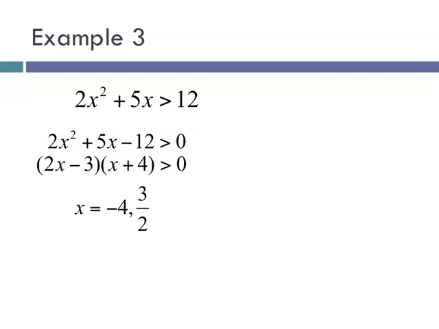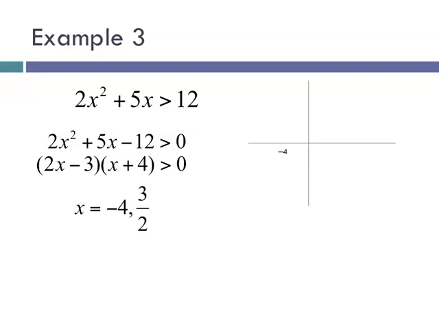Now we have to sketch the general shape of the graph. Because we know it's x squared, we know it's a parabola, it's a quadratic. It's a parabola facing upwards. Why upwards? Because we have a positive leading coefficient. And we know where it crosses the x-axis.